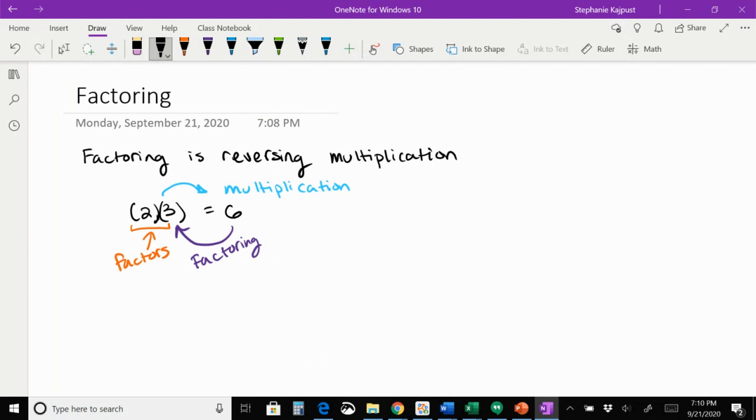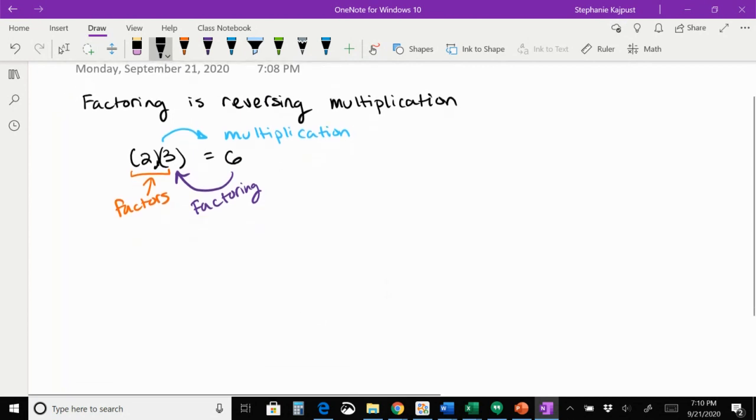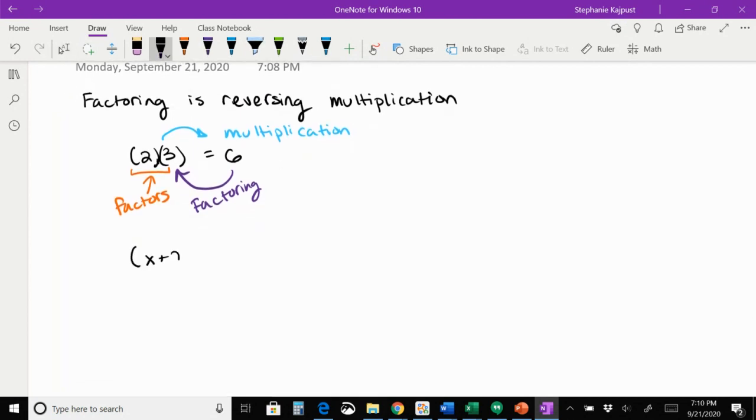So when we have things with variables, let's say I have x plus 2 times x minus 5. If we want to multiply it, we're doing the FOIL process. FOIL is you multiply the first terms together, x times x, which is x squared.